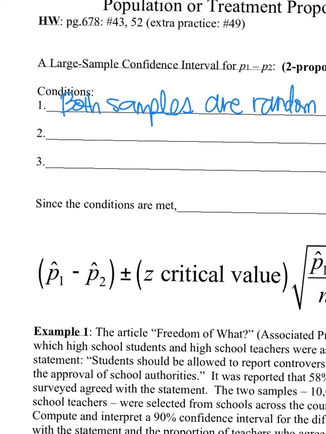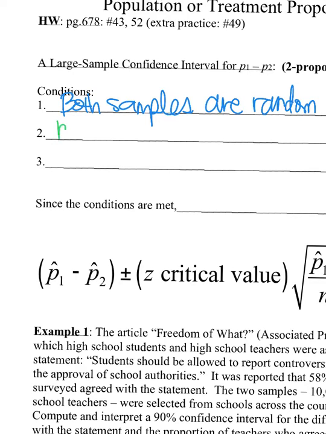Our second condition, typically for proportion, is to check if np and nq are both greater than or equal to 10. Now, since we have two samples, we want to check np and nq for both samples. So we're going to end up with 4 numbers at the end.